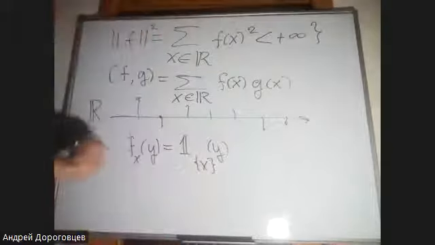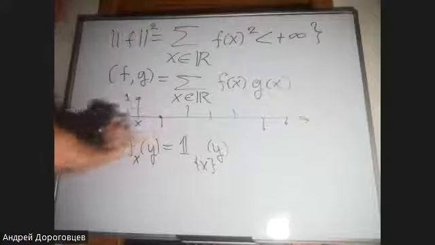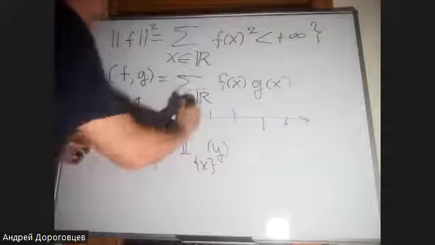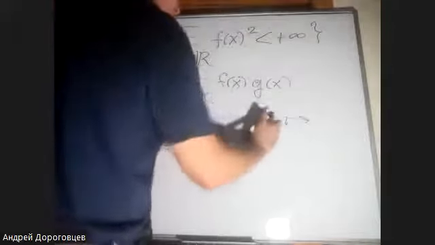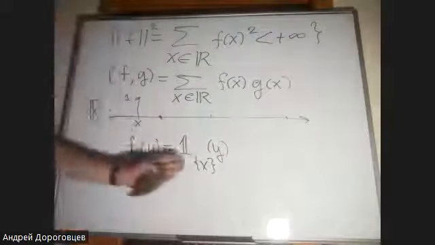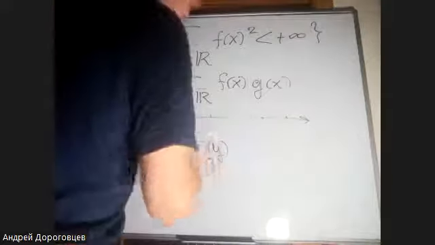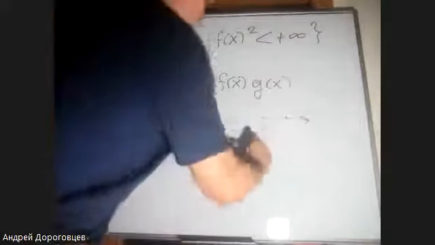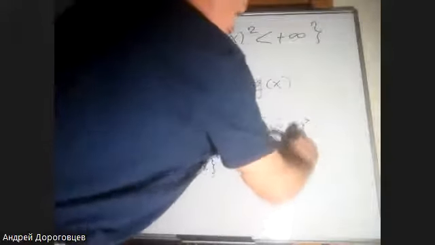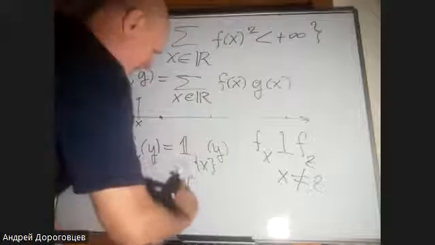So this is a function which is equal to 1 in this one point, and there are no other non-zero values. Then it's easy to check that they are all orthogonal, so that f_x is orthogonal to f_z when x is not equal to z, and the norm of f_x is equal to 1.